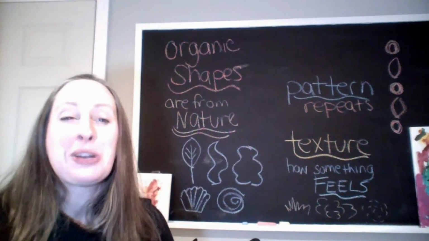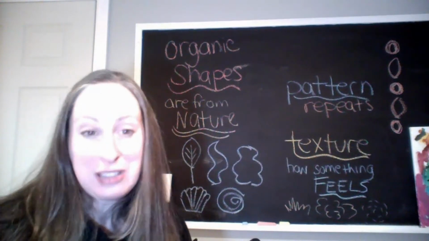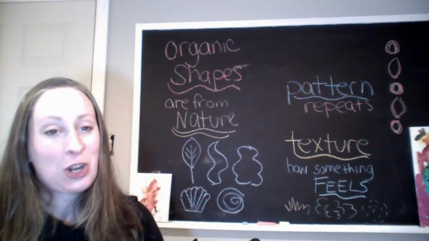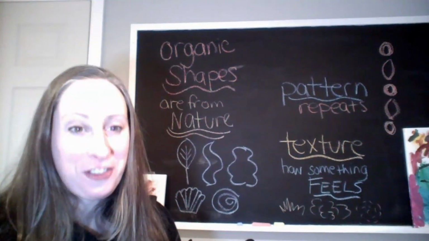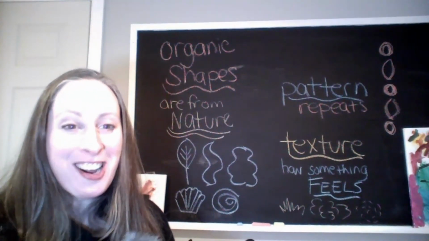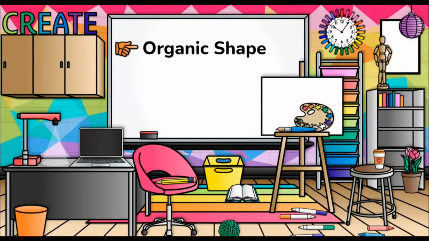So we're going to focus on organic shapes, which are from nature, patterns, which are things that repeat, and texture, which is the way that something feels or looks like it might feel. So let's get started. For this project, we're going to focus on three basic ideas. One is organic shapes.